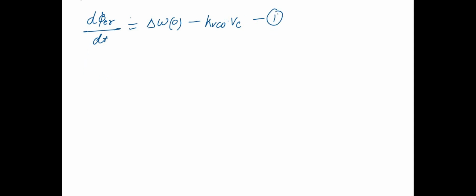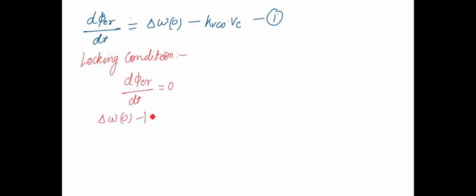Now what is the condition for PLL locking? The locking condition is that the differentiation of the phase error should be equal to 0. Let's first put the value of Vc.